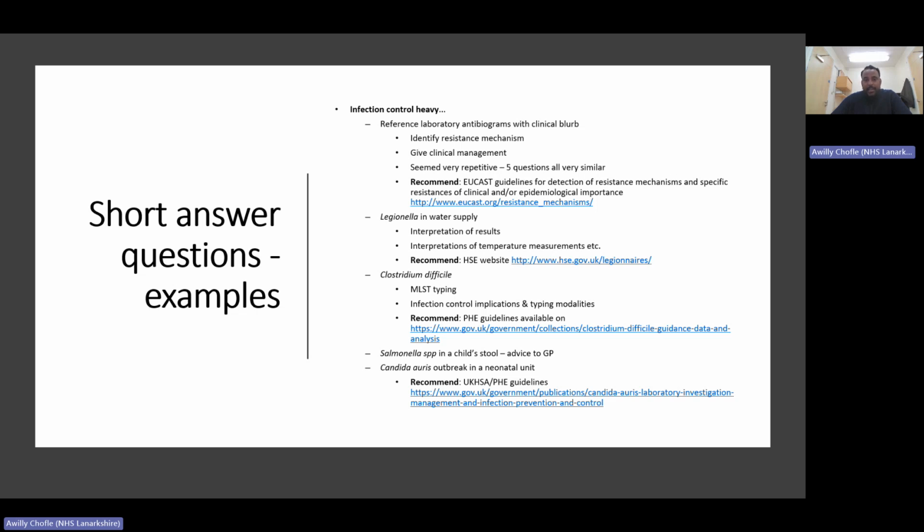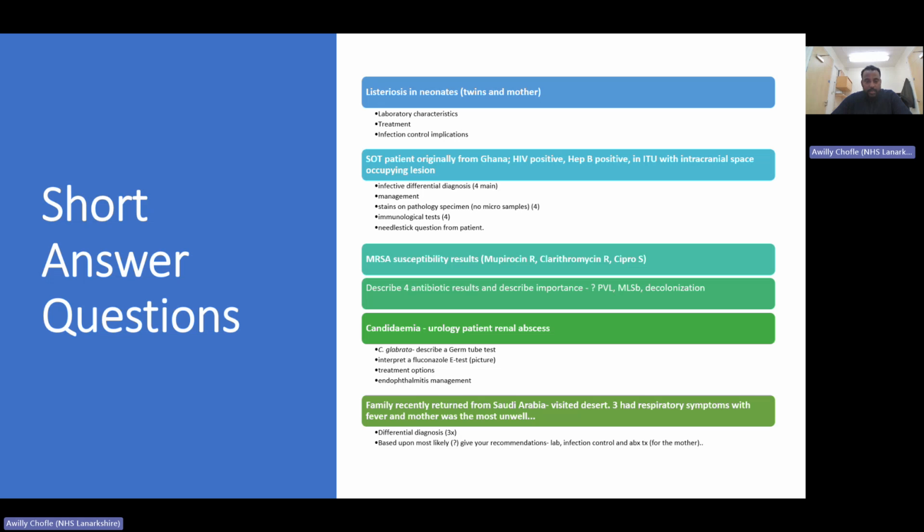All these are key infections that you, as a microbiologist, need to be aware of. And then short answer questions I've explained previously. These are the questions I can remember from the exam. Listeria in neonates; they can give you a story about twins and other details.